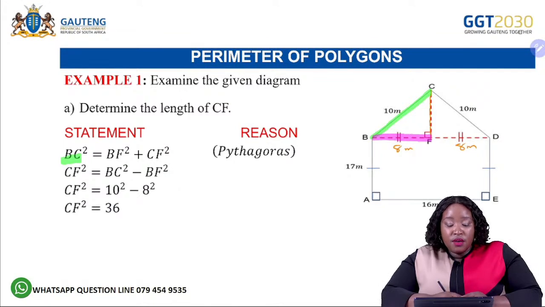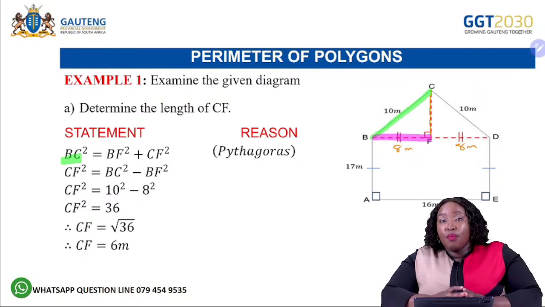And from there, you get CF squared to be equal to 36. But you're not looking for CF squared, you are looking for CF. So you need to square root both sides. When you do that, you get CF to be equal to 6 meters. When we square root distance, we only take the positive length. Distance is always positive.